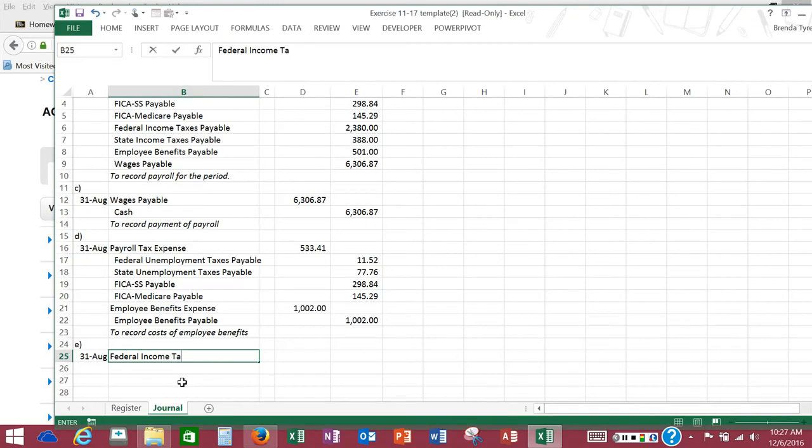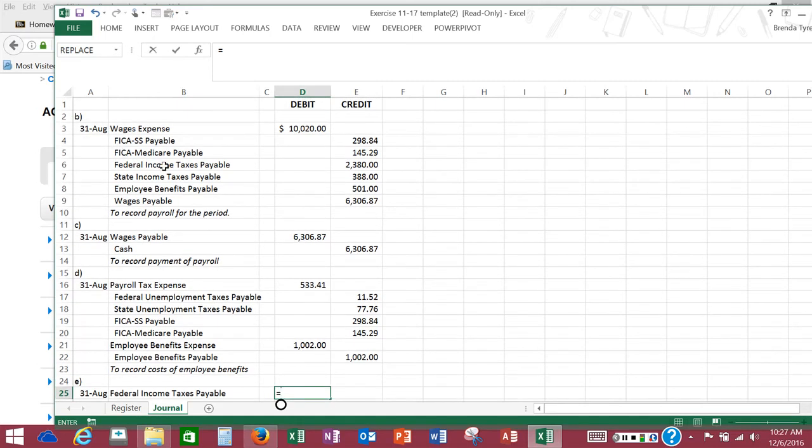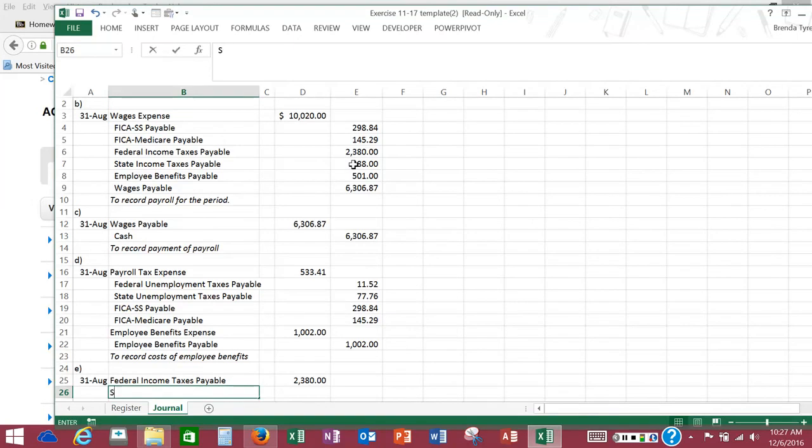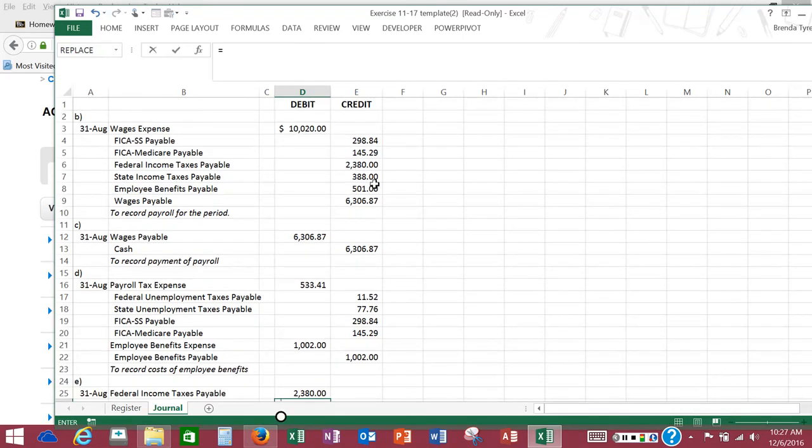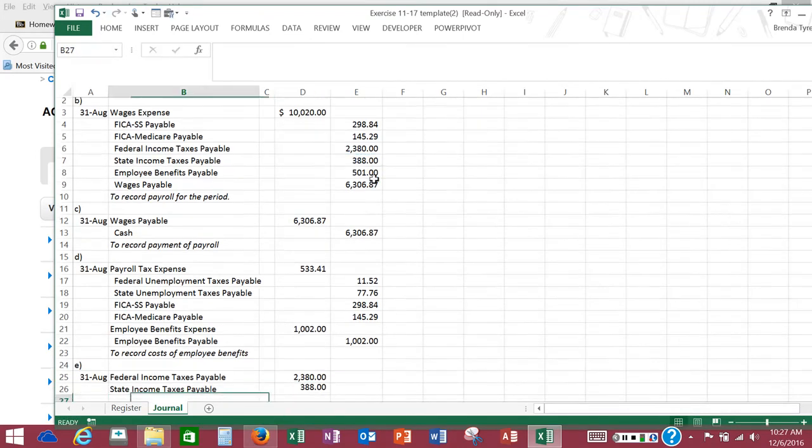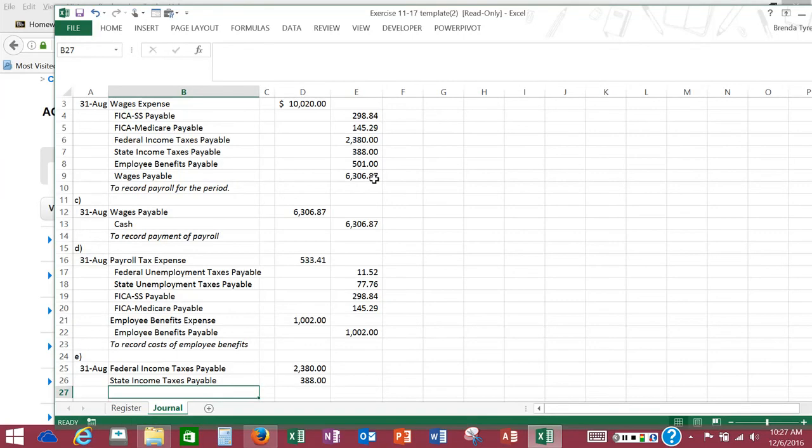It doesn't really matter what order you do these in, just as long as you get them all right. And we can either go back to our worksheet or we can just come up here and find where we entered it before, and there it is. And we have our state income taxes payable. And we would normally just go to our general ledger and find this information when we were ready to pay it, because we would have posted all of our transactions to date.